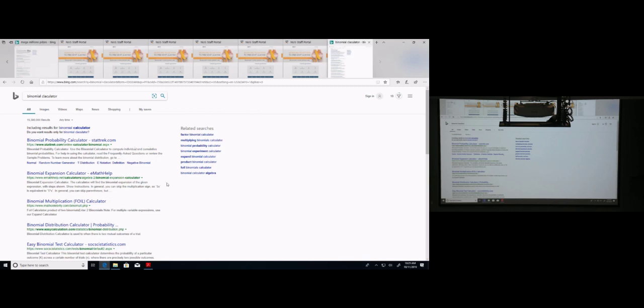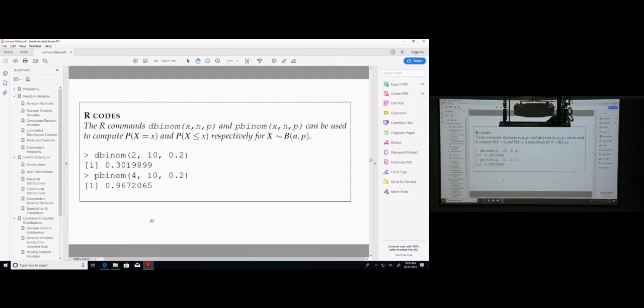Because a few years ago when I taught a similar module, there were some favorites that I used, but I can't find them anymore. So it's being replaced. This is life, all right? Actually, I'm not quite happy with some of the online calculators that I've tried.